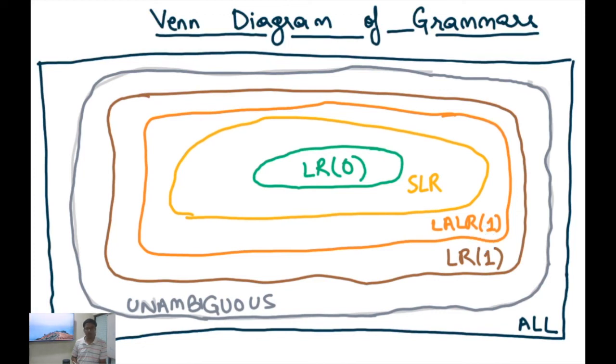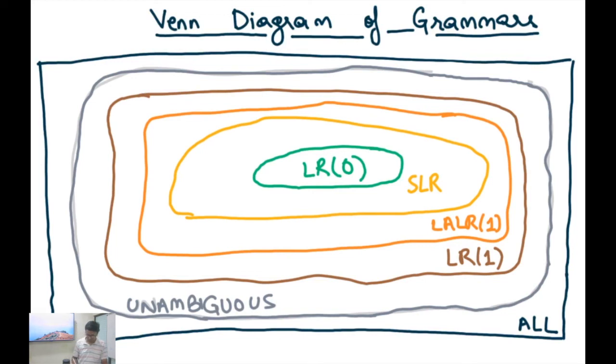Now, you may ask at this point, how does LL1 fare with respect to these grammars? Is it true that LL1 is strictly less powerful than LR1? Is it true that LL1 is strictly more powerful than LALR1, or whatever? What is it, right? So once again, what am I asking? I'm asking whether there exists a grammar that is parsable using LL1, but is not parsable using LR1. All right.